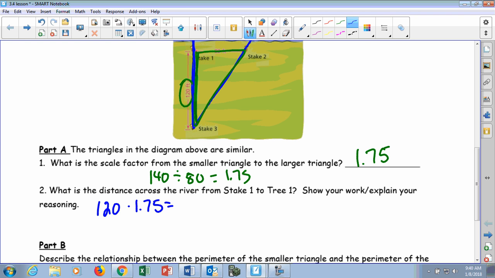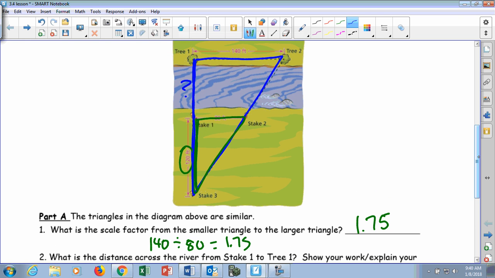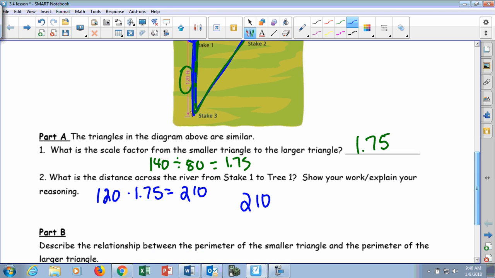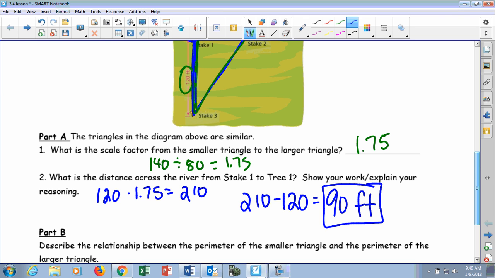Joey? 210. But remember, that 210 is the whole distance. We only want this part. So what do we have to do to that 210? Subtract the 120, which they already gave us this distance, right? So if I take 210 and subtract 120, what do I get? Joey? 90 feet. So that's the distance from the tree 1 to stake 1.